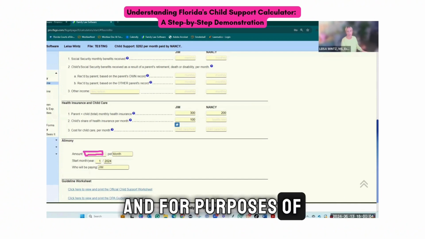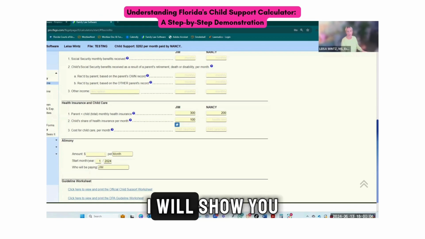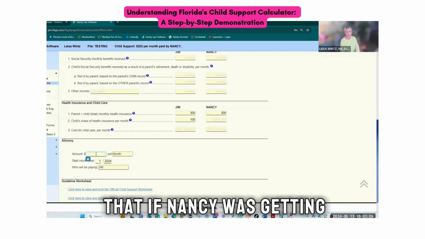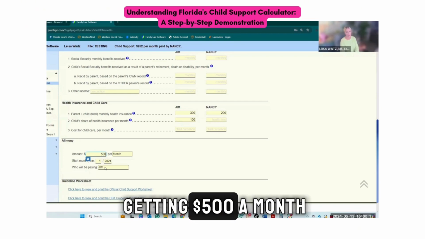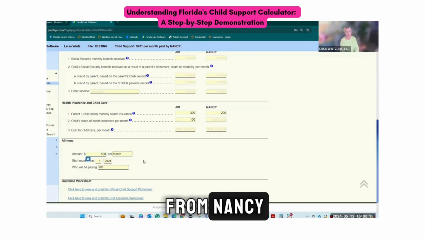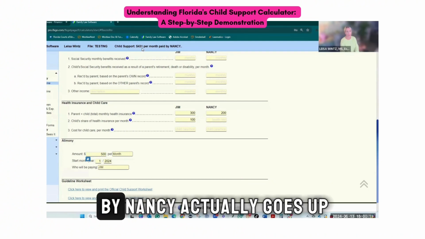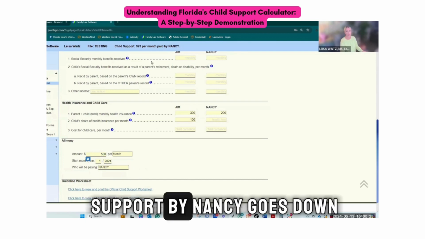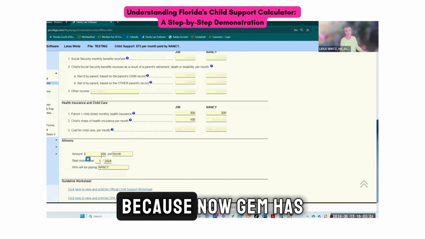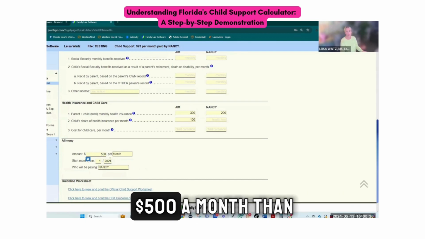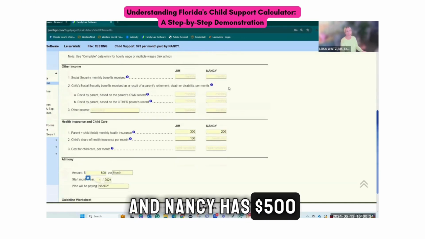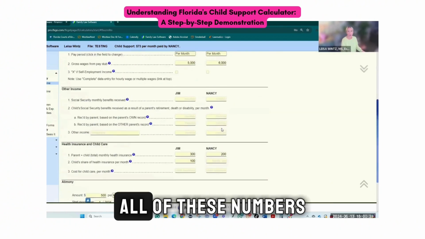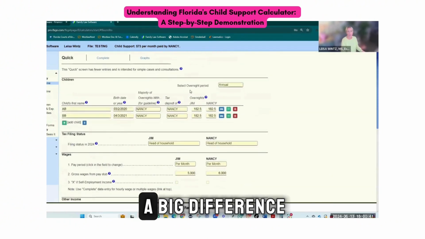For purposes of displaying it, I will show you that if Jim was getting $500 a month from Nancy, then the child support by Nancy goes down, because now Jim has $500 a month more than he had before, and Nancy has $500 less than she had before. All of these numbers are going to make a big difference.